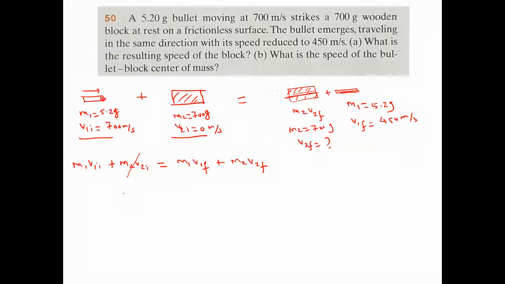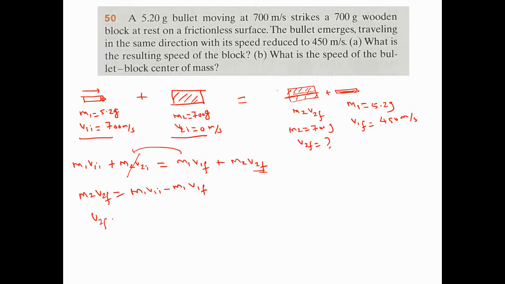Now I'm going to rearrange because we are going to find only V2F. I keep the term M2 V2F and move the other term to the other side. So you get M2 V2F equals M1 V1I minus M1 V1F. Finally, V2F is equal to M1 V1I minus M1 V1F divided by M2.